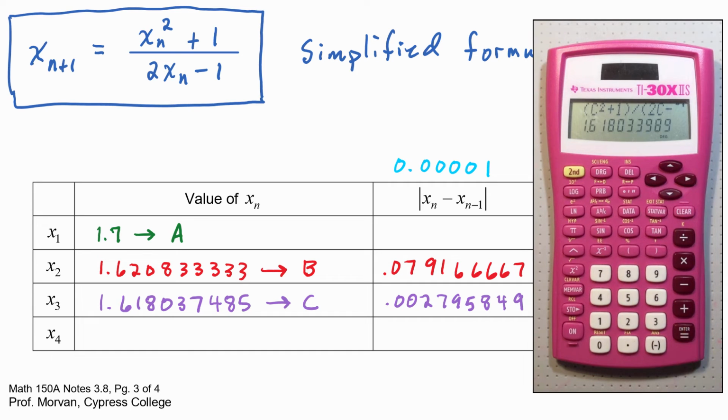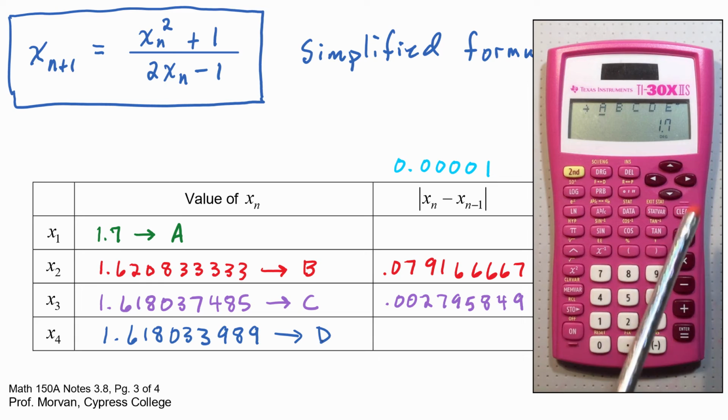Hit enter, and we see that we get 1.618033989, and we're going to store that in memory location D.